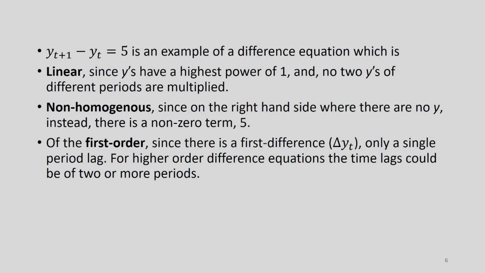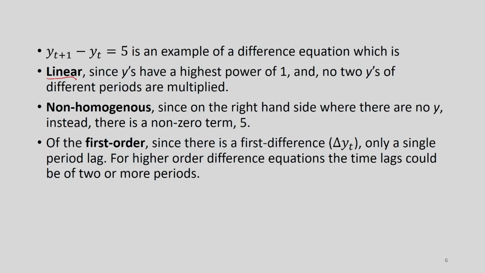y t plus 1 minus y t is equal to 5 is an example of a difference equation which is linear, right? Why is it linear? Because the y's have a highest power of 1 and no two y's of different periods are being multiplied here. So, look at the power of the y's, there is no y square or y cube or even root over y, right.